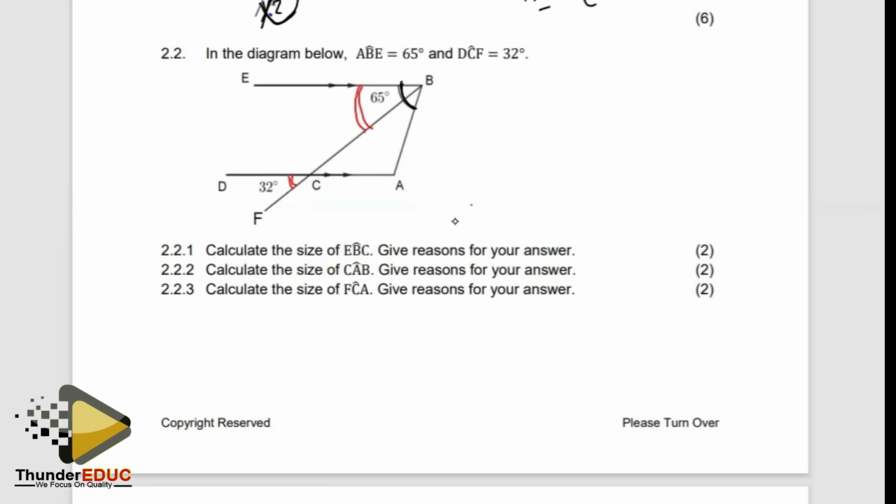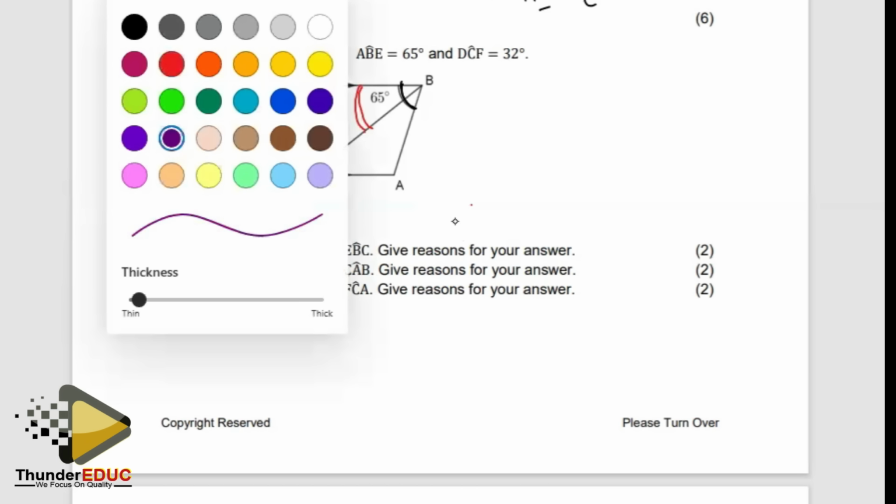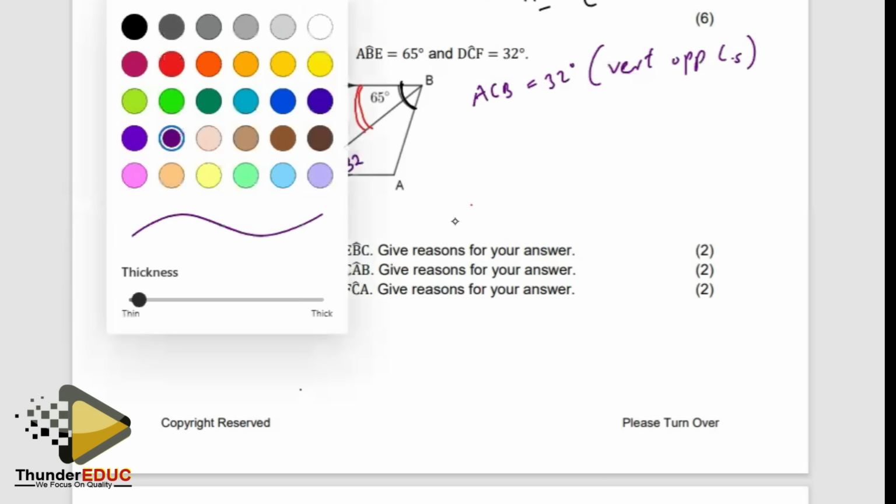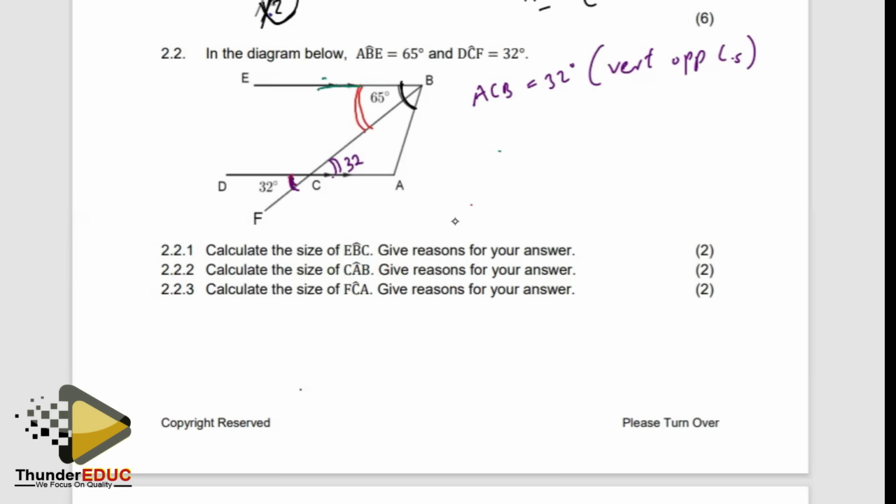Okay. What do you think? So what I'm saying is that if this is a 32, then this one is also going to be a 32. So tell us that ACB is 32 degrees because those are vertically opposite angles. Then if this is a 32, we have a Z that the parallel lines are creating.